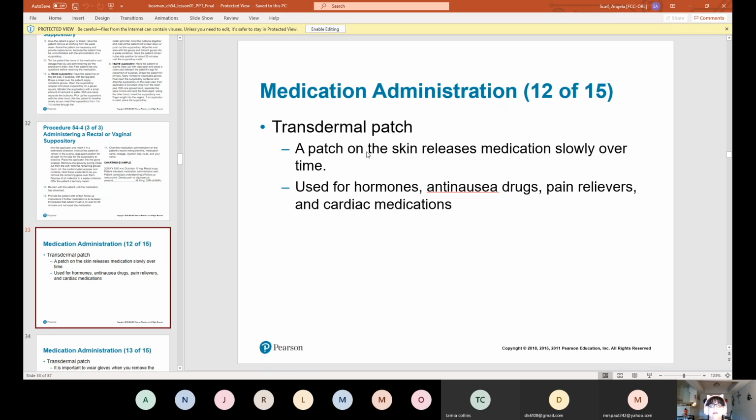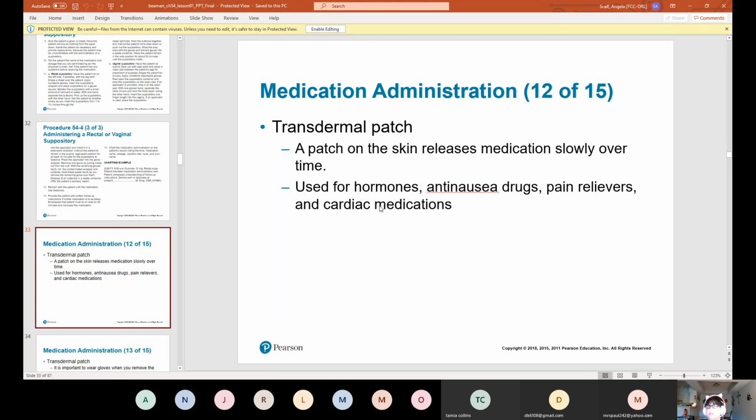A transdermal patch is a little bitty cloth-like patch, and the medication is condensed and formed into the inside of the patch. They use this for birth control, hormones, anti-nausea drugs, pain relievers, cardiac drugs, blood pressure medications, you name it.